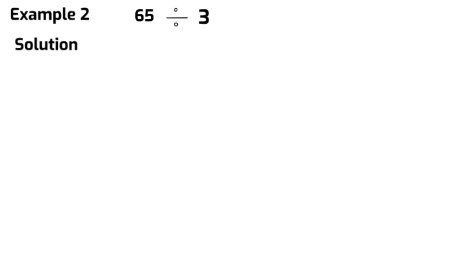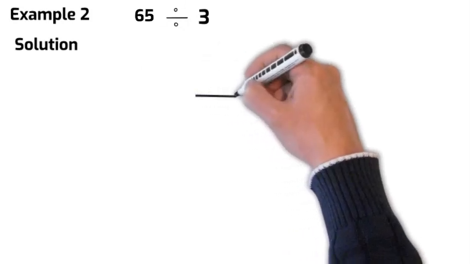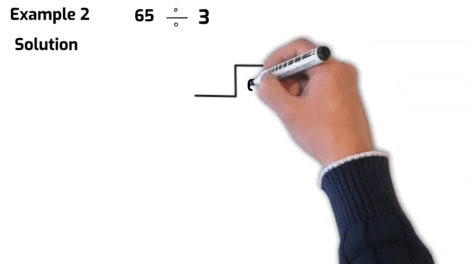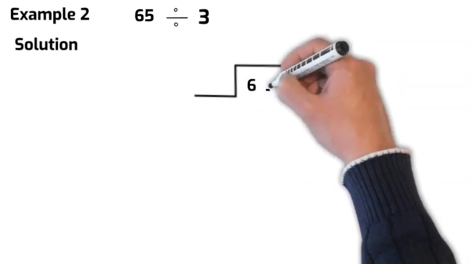Now that we are familiar with the steps, it is time to move on to our next example. Example 2, 65 divided by 3. First, we set up our numbers like this.